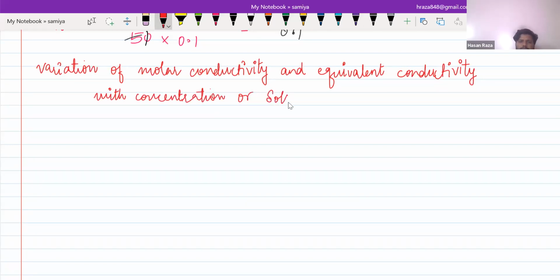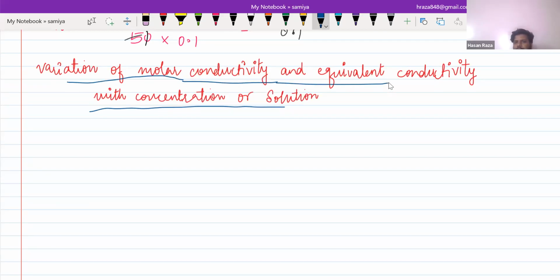Basically, we need to see the variation of molar conductivity or equivalent conductivity for weak and a strong electrolyte on dilution.